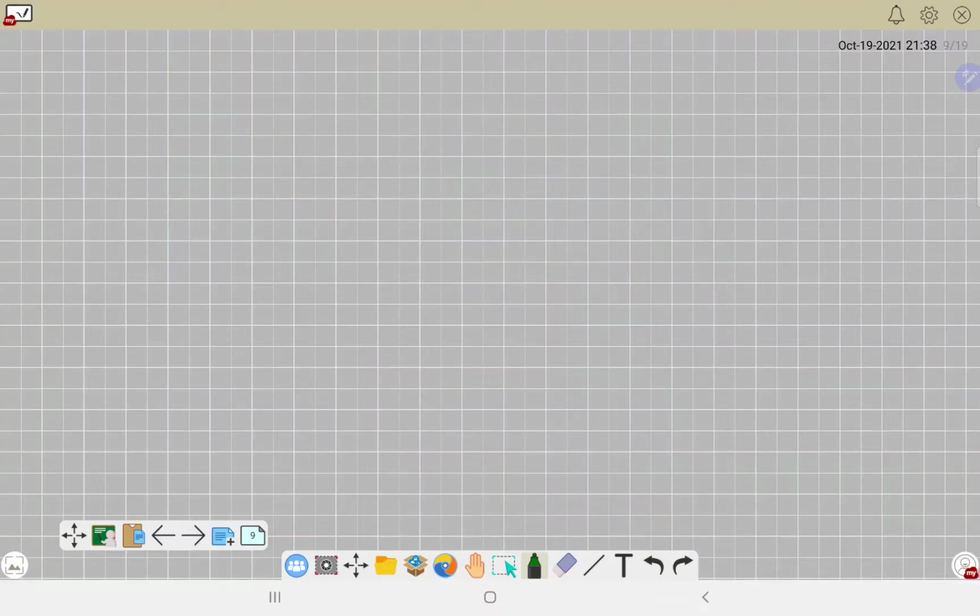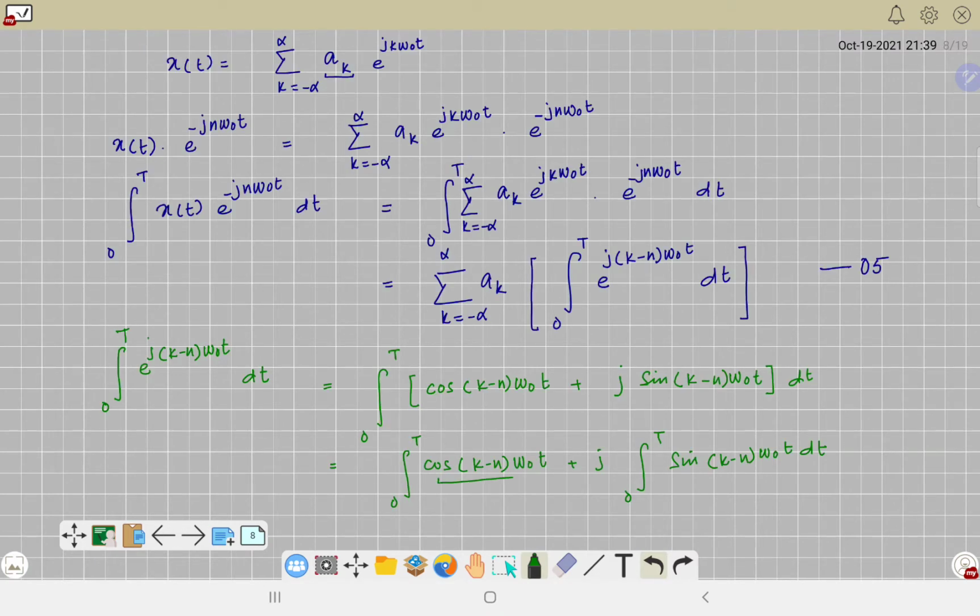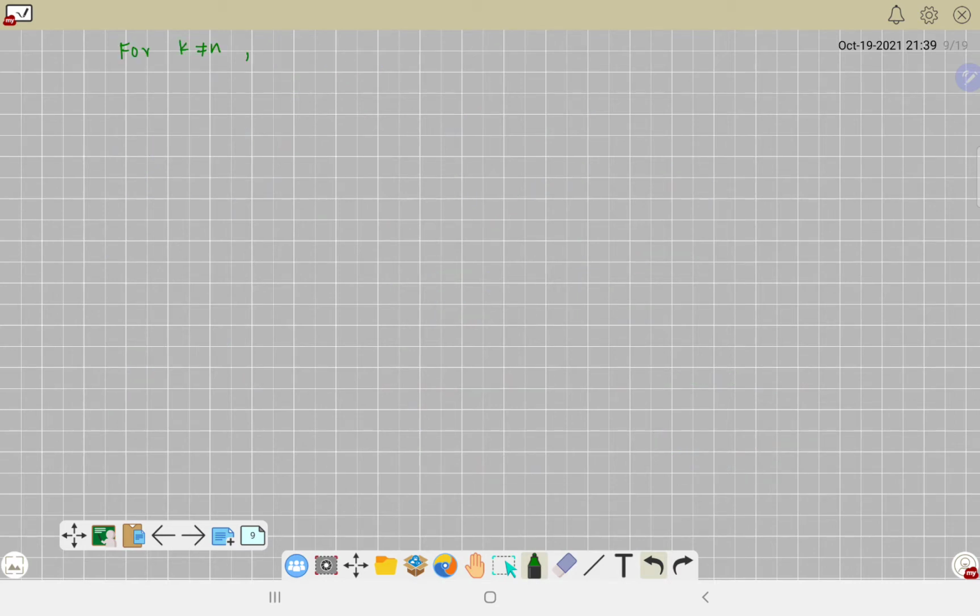So if I start with the assumption that k is not equivalent to n, okay, then in that case the two integrals, the quantities that I am integrating, both cos (k minus n) omega naught t and sin (k minus n) omega naught t, they are sinusoidal components.